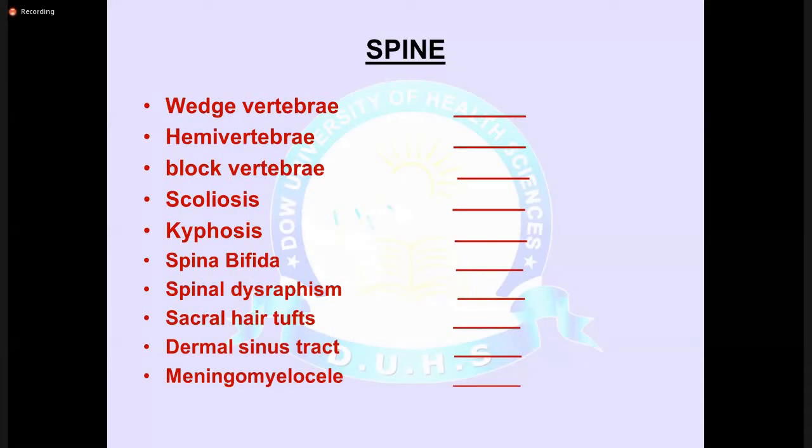Block vertebrae means two to three adjacent vertebrae are fused. Also scoliosis, kyphosis, spina bifida, spinal dysraphism, like I've told you, meningomyelocele, sacral hair tuft, and dermal sinus. Obviously, you can pick it up easily if the patient has this problem, but for this, you must do the examination of the back. It is important.